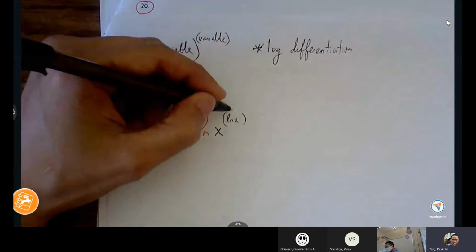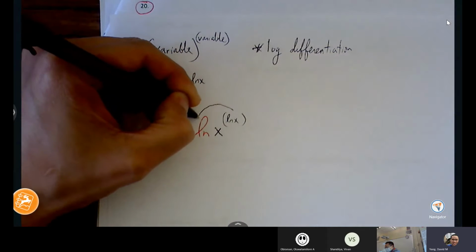So now this exponent is free to move in front.